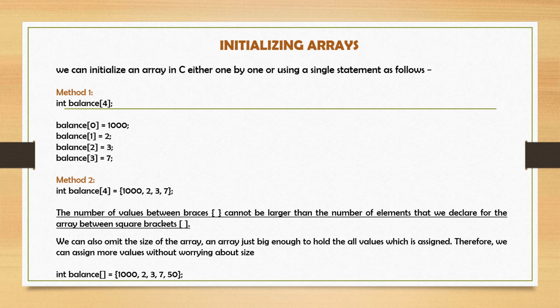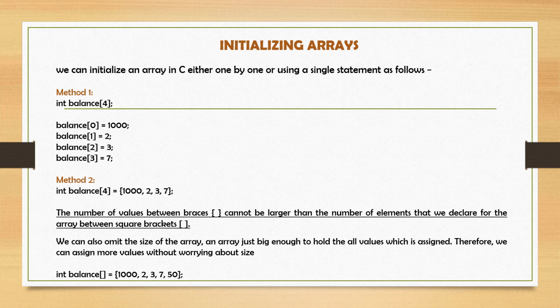But the number of values between braces cannot be larger than the number of elements that we declare for the array between square brackets. We can also omit the size of the array. An array just big enough to hold all values which are assigned is created.